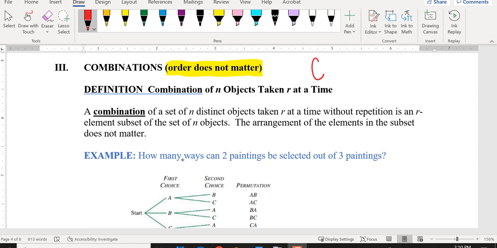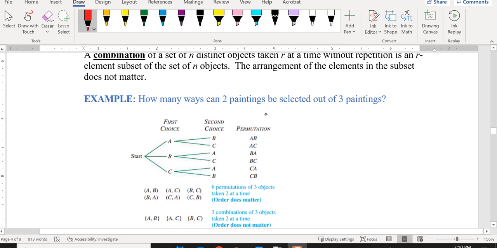All right, an example. In how many ways can 2 paintings be selected out of 3 paintings? Remember this one above? There's 3 choices for the first painting, and then 2 choices left, so we ended up with 6 permutations. Now, if order does not matter, doing A and then B is the same as doing B and then A. It does not matter what order they're in.